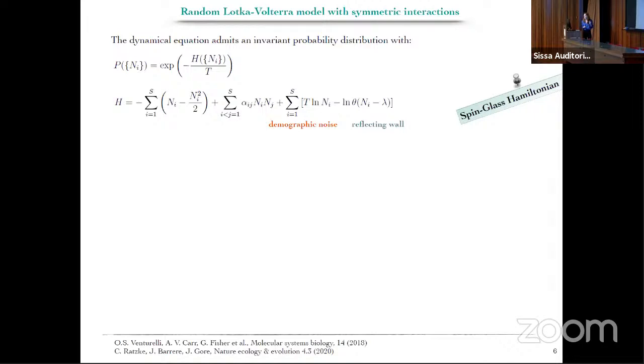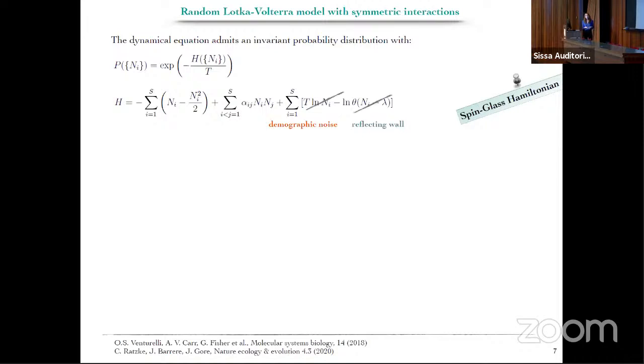But when N_i is smaller than lambda, the Heaviside function is 0, and the log of 0 is minus infinity, which with a negative sign provides a reflecting wall, a repulsive boundary. So this term is a formal, mathematical trick to prevent species from reaching very small values, from getting extremely close to the boundary.